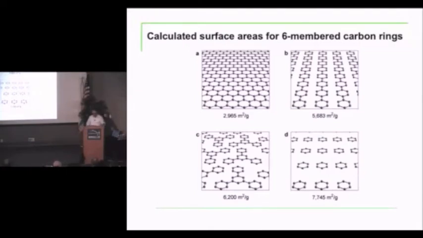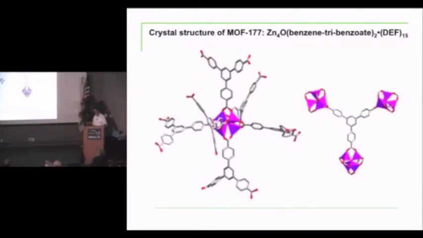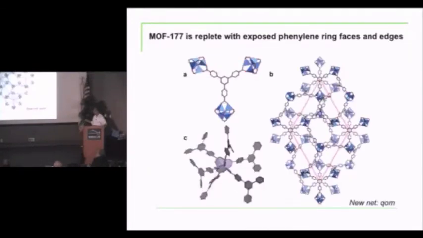And the nice thing about MOF chemistry is that you can take those metal oxide branching units and link them up with organic branching units to make extended structures that are replete with open faces and open edges for gas molecules to sit on. When we made this, we called this a new net, and we called it the queen of MOFs.